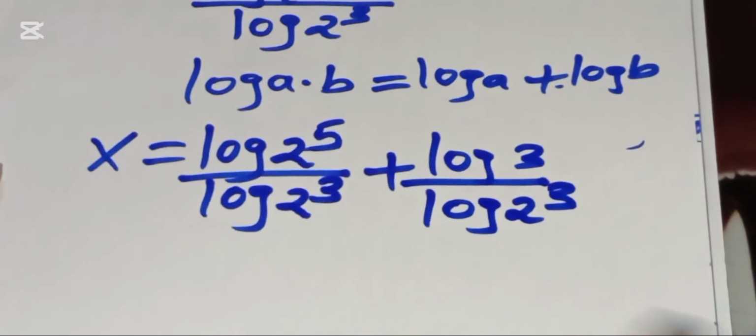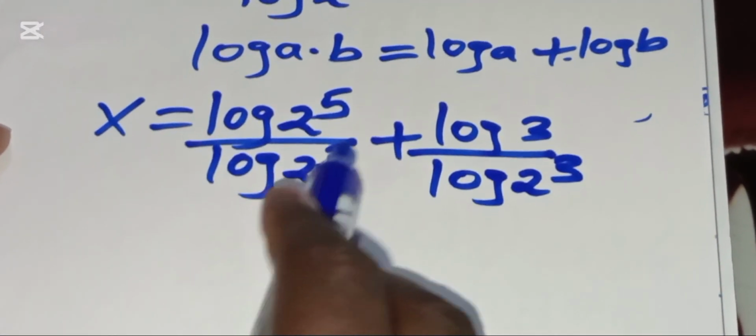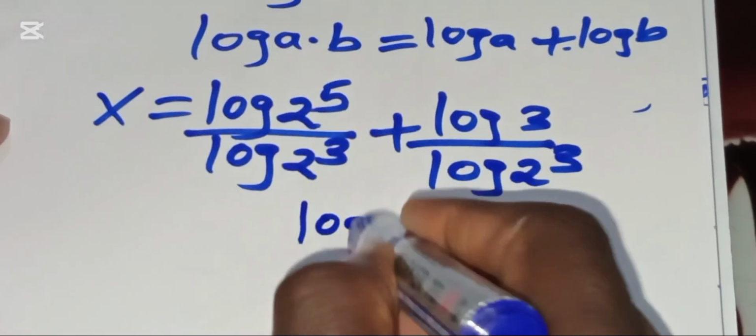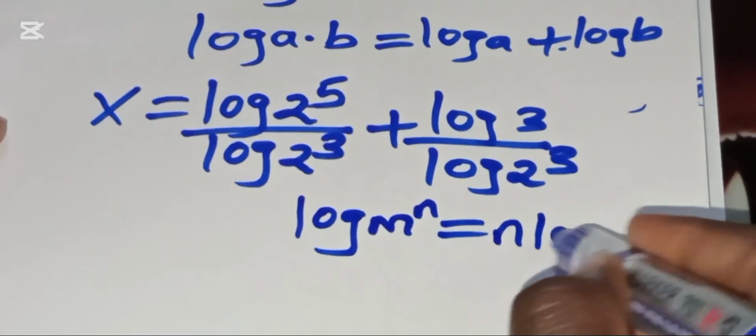Now the next thing here, log 2 raised to power 5 divided by log 2 raised to power 3. This is in the form of log m raised to power n, which you can write as n log m.